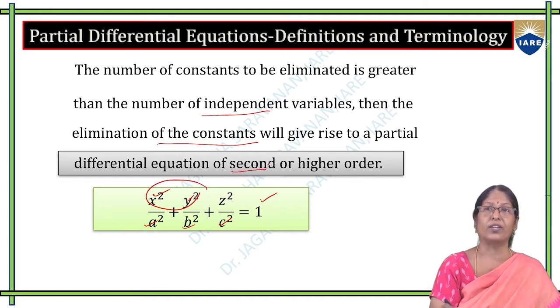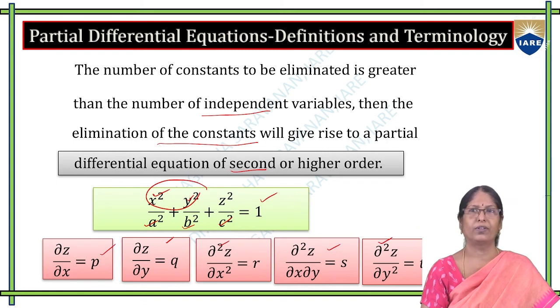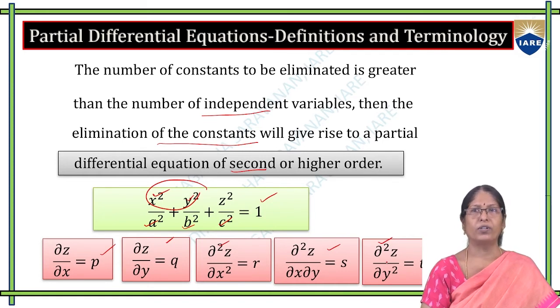That's what is written here. So these notations are very, very important. Completely eliminating the constants among these P, Q, R, S, T, some relation we will also be getting among them.